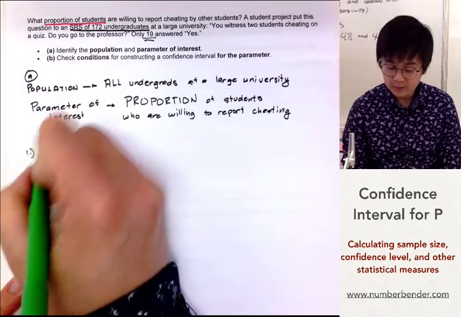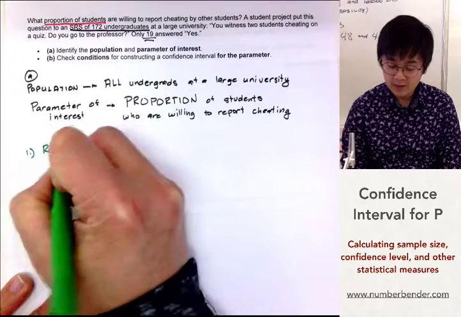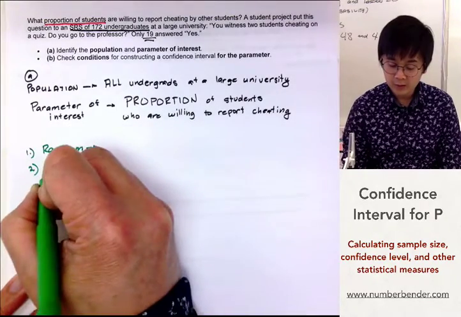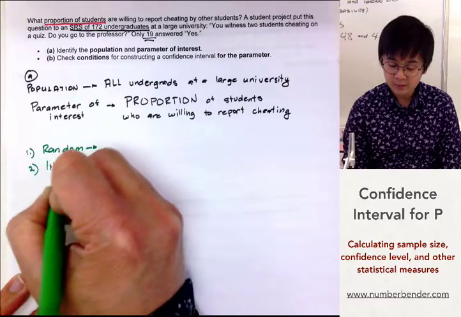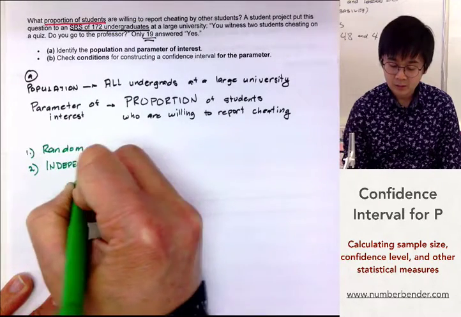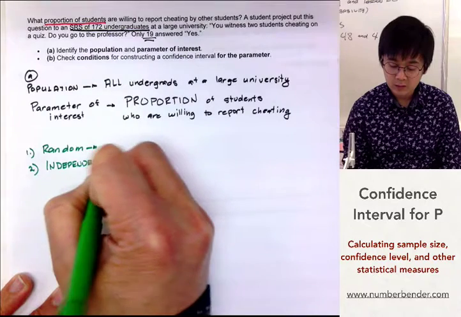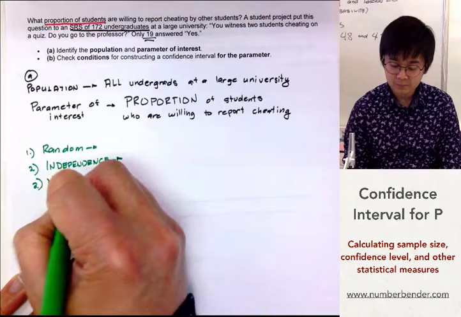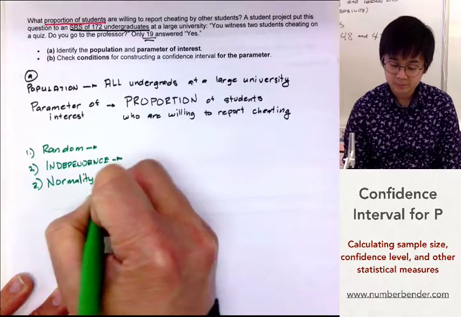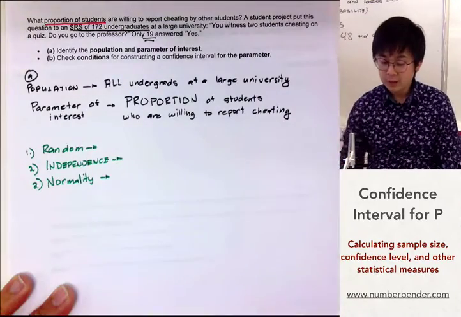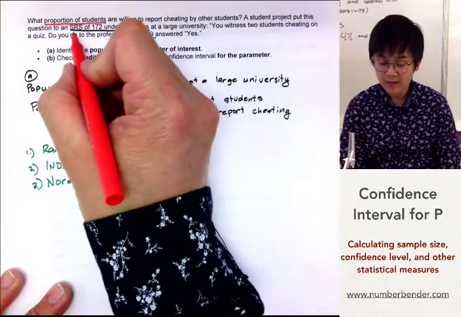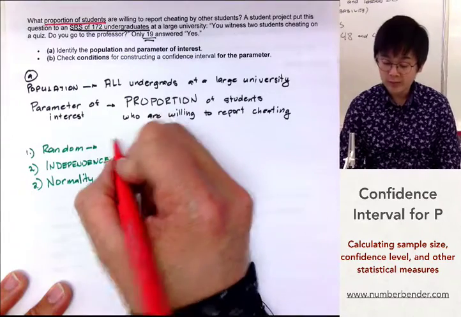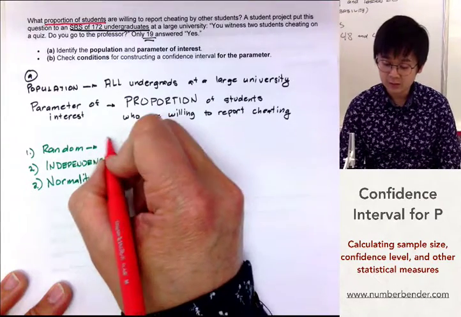One is that the sample should be random. Two, we also need to test that the independence condition is also verified. And lastly, normality. So for randomness, we have an SRS of 172 undergraduates, so it already satisfied the condition because of that.